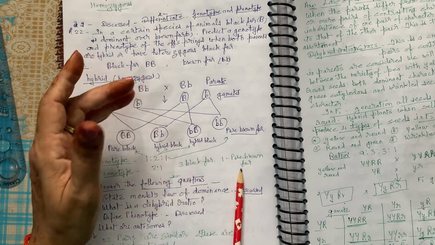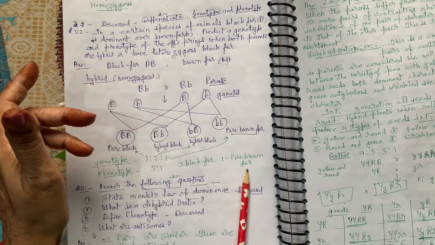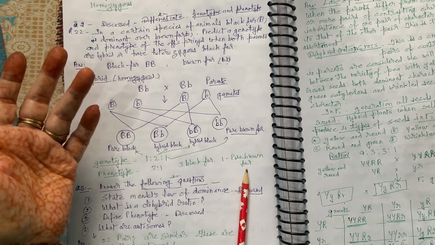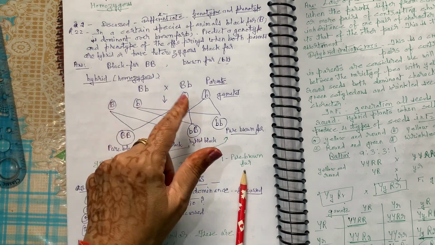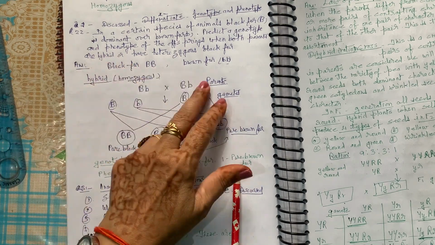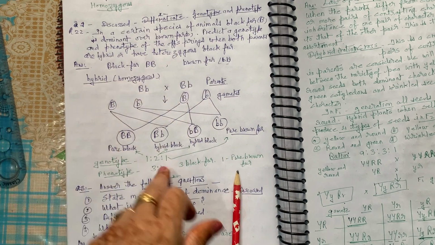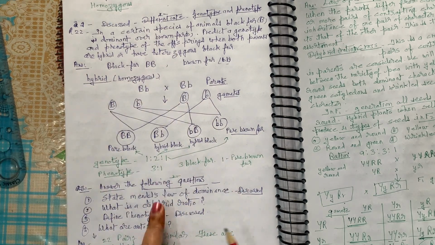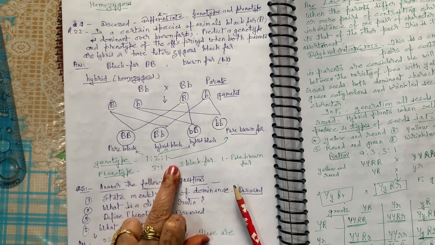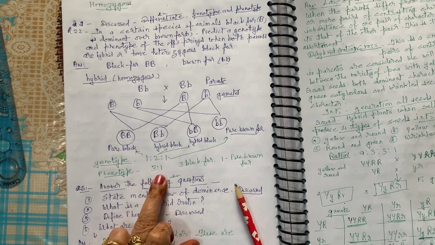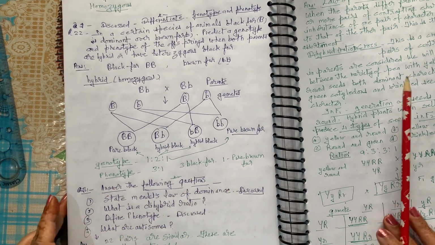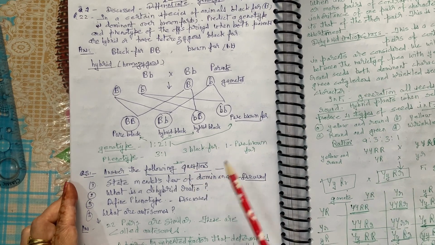In the F1 generation, if pure parents are crossed, they will get all hybrids. And when hybrids are self-crossed, then we get the genotypic ratio 1:2:1 and phenotypic ratio 3:1, 3 black fur, 1 brown fur, right?